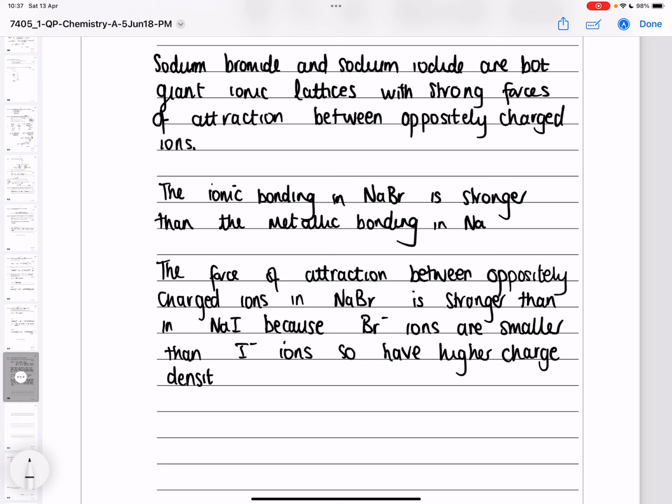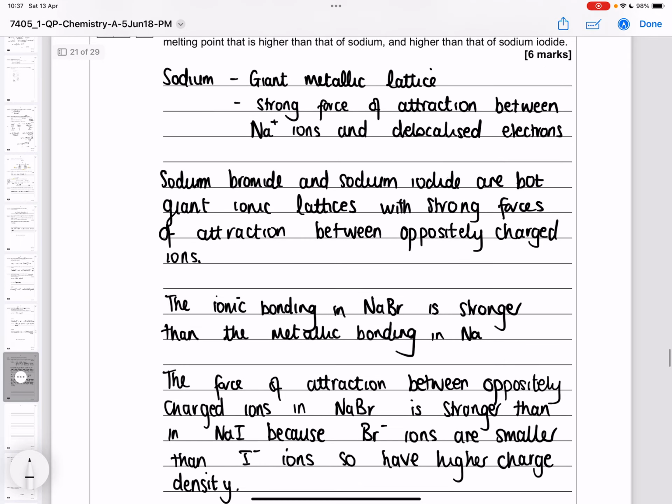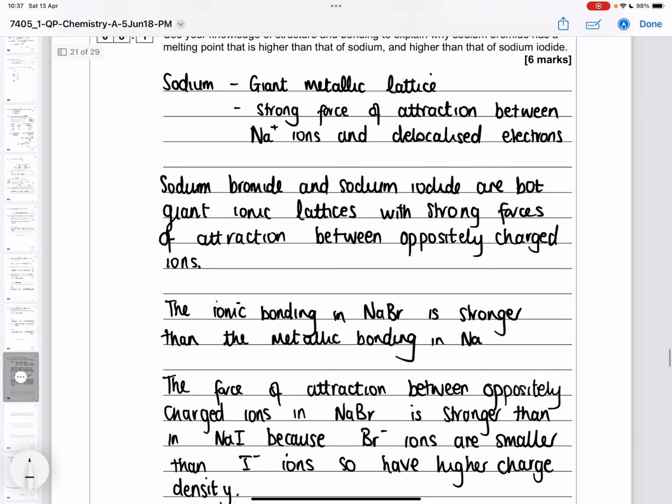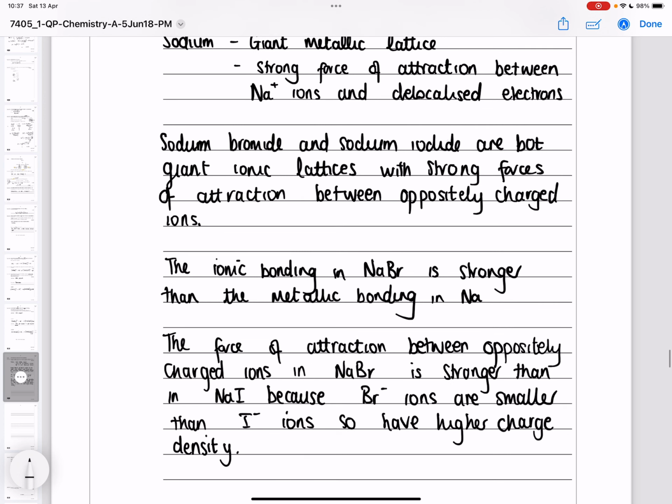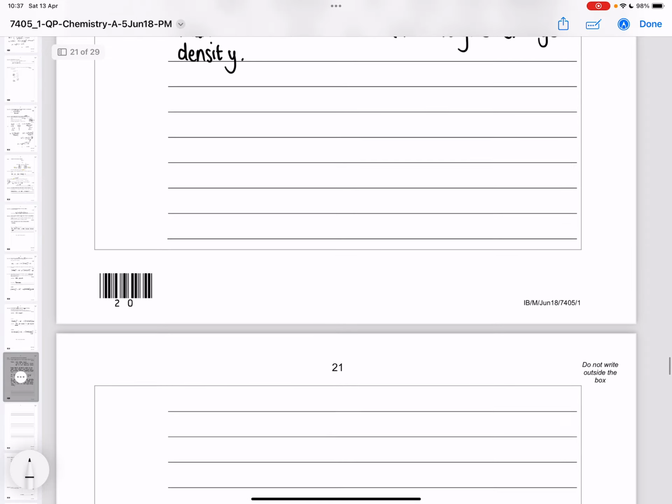And that increase in the charge density, they're the same charge but smaller, so they have a higher charge density and therefore they form stronger attractions. And now we've answered all the parts of the question. We've explained the structure and bonding in each of the lattices, and we've explained which bonding is stronger and why the ionic bonding is stronger in NaBr than in NaI.